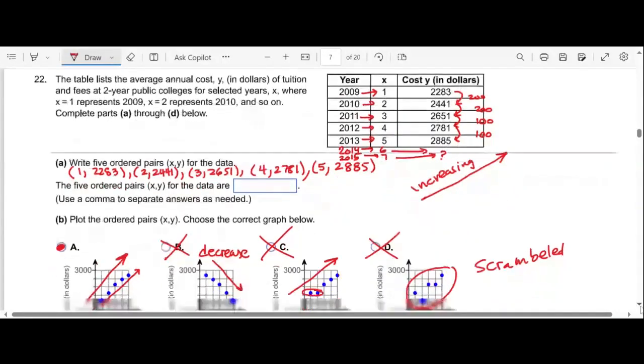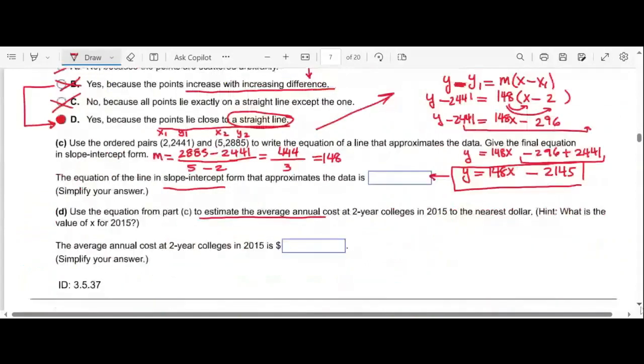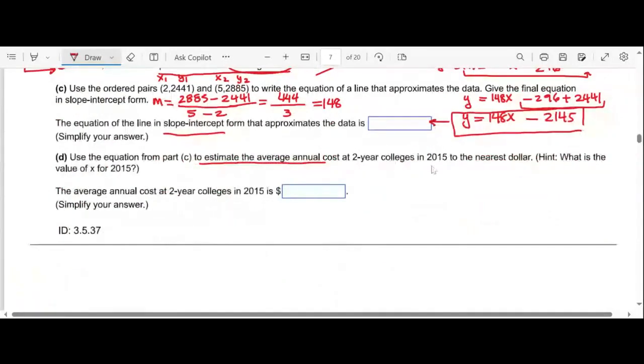So what should I do now? Put 7. This one, the value is 7. What does 7 represent? x. So I'll say y equals 148x plus 2145. I will use this equation to get the value.